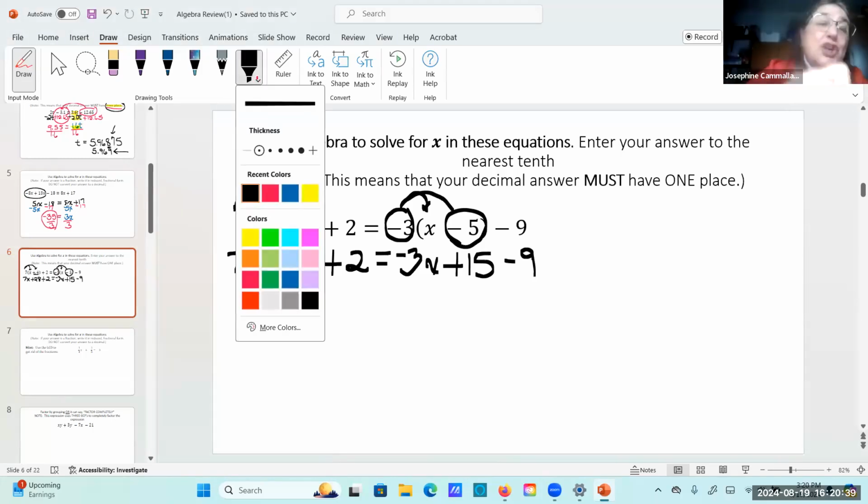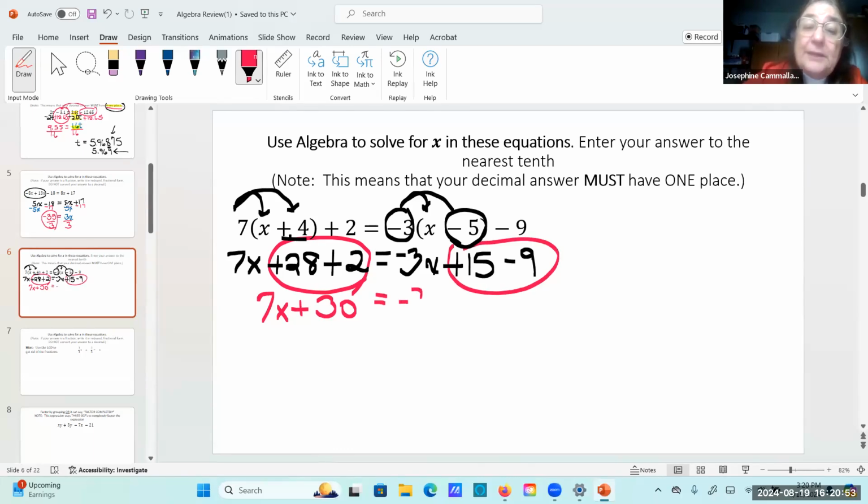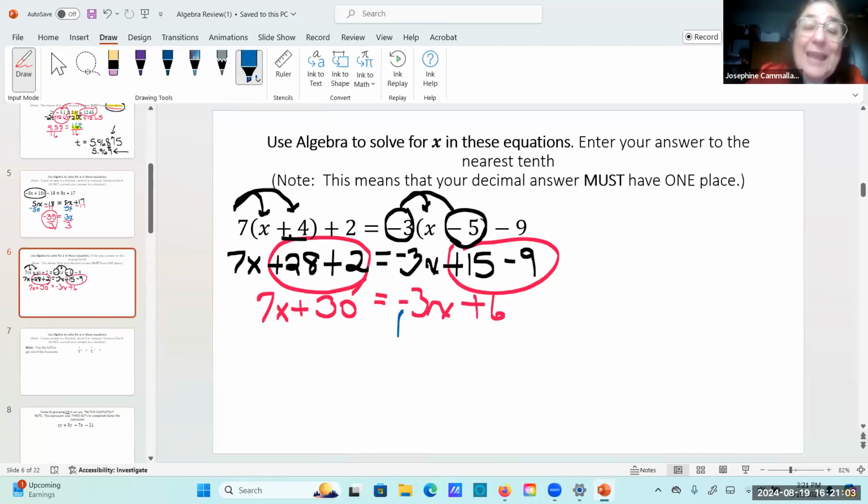Now, I'm going to combine terms. I'm going to put these two together, which gives me 7x plus 30. And I'm going to put these two together. This is going to give me a positive 6. Now, again, I am adding 3x this time, which gives me, and I'll write it over here, 10x.